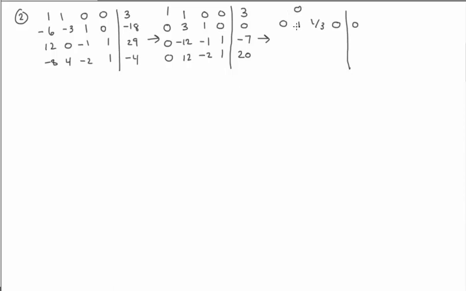I need to multiply by negative, add, so I get 1, 0, negative 1/3, 0, 3, 0, 0, 3, 1, negative 7, 0, 0, negative 6, 1, 20.